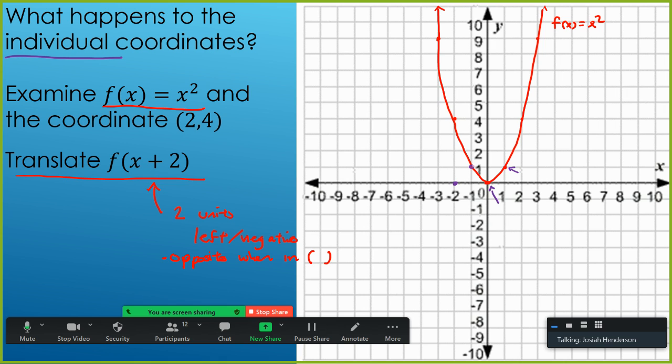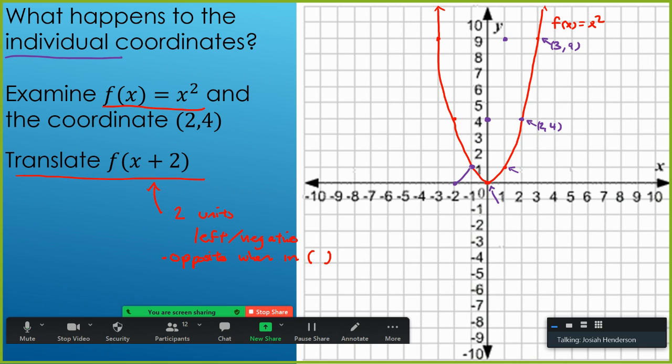So here's the new 1, comma 1. And then how about this spot, 2, comma 4, originally, but we take it left 2, so it's over here now. I'm just shifting everything left 2. And then this one was originally at 3, 9. But now it's going 2 to the left, so over 1, over 2, right here.